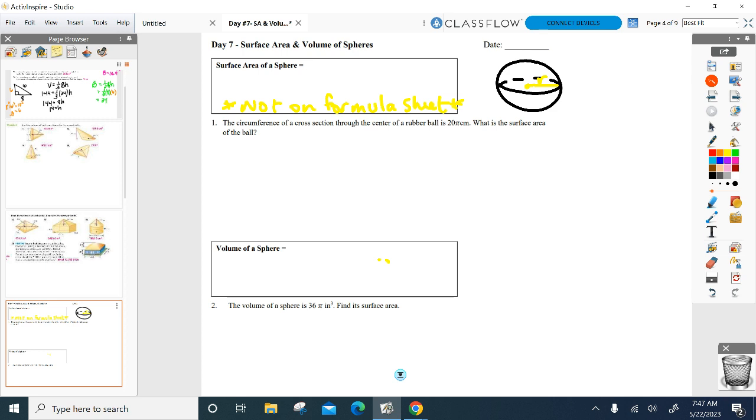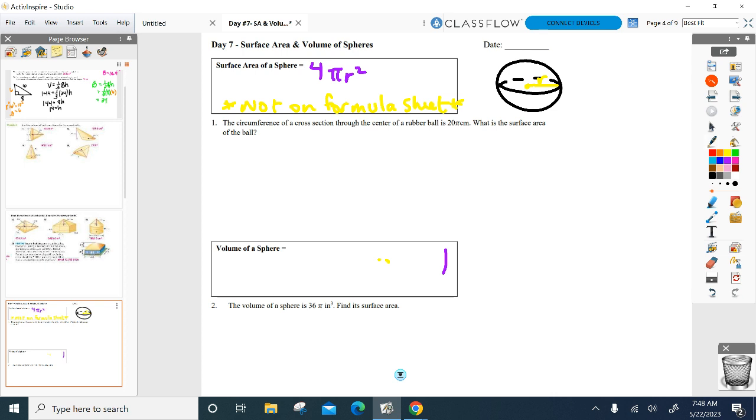You want to know what it is? 4 circles. 4 pi r squared. So you do have circle; all it is is times 4. All right, sphere, 4 circles. So let's do it. 4 pi r squared.